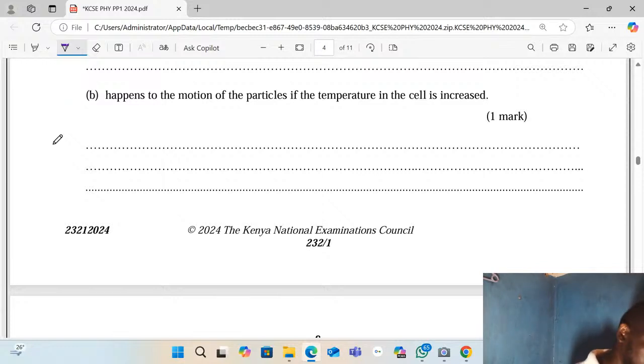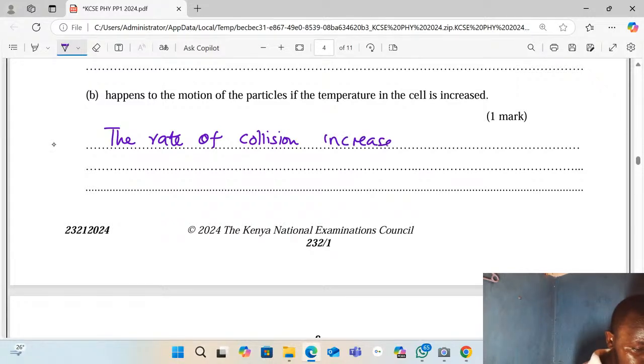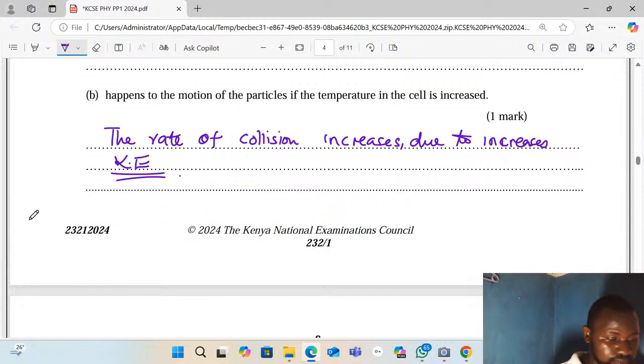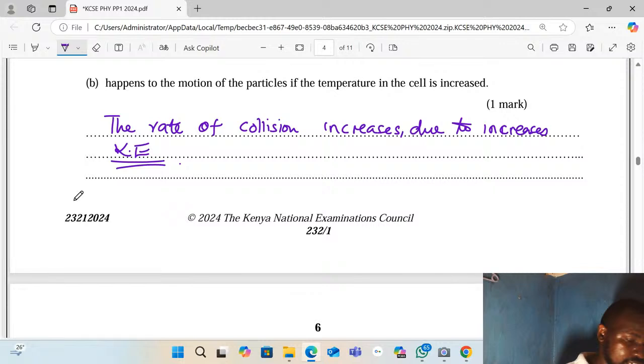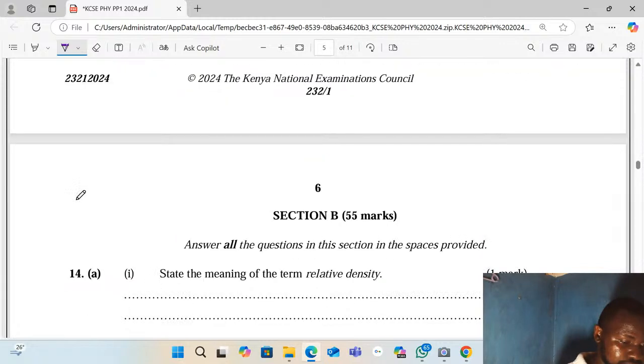Therefore, the rate of collision increases due to increased kinetic energy.